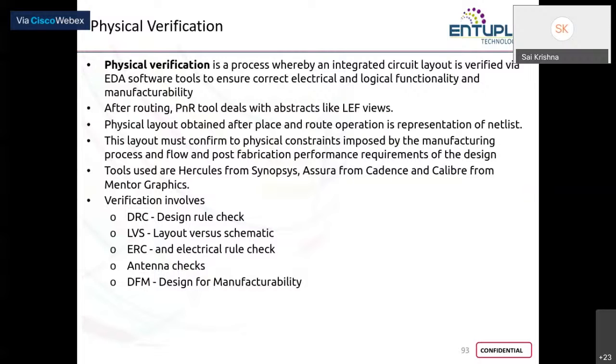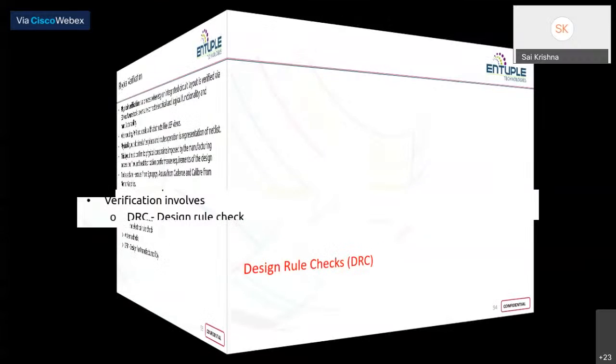In your full custom flow, when you are simulating your schematic, this is done by default. But here we did not simulate the physical layout. That is why we check the electrical rule check separately, and then your antenna checks and DFM. We shall see what they are.